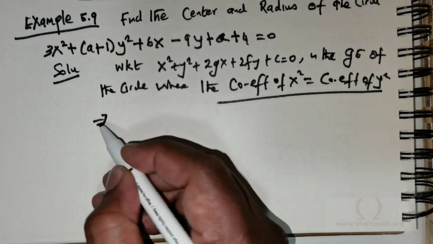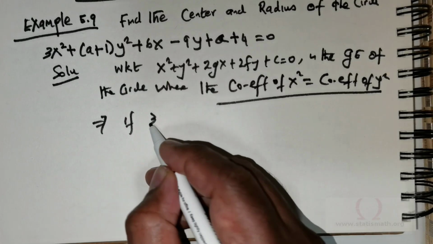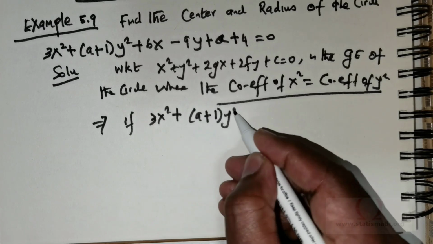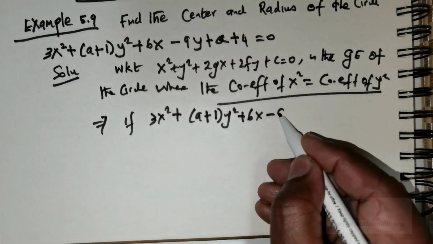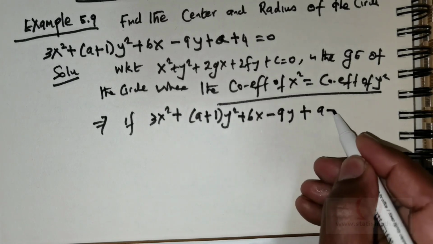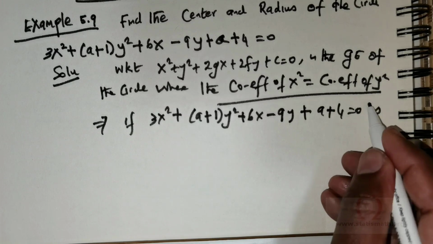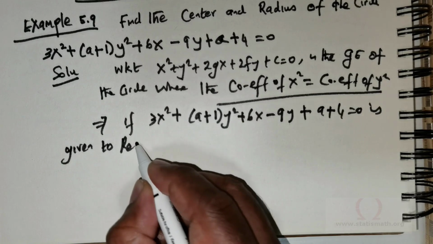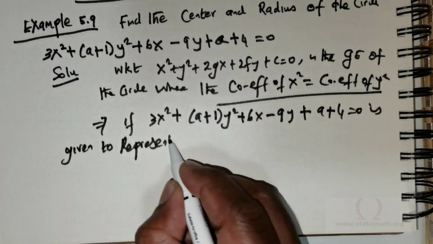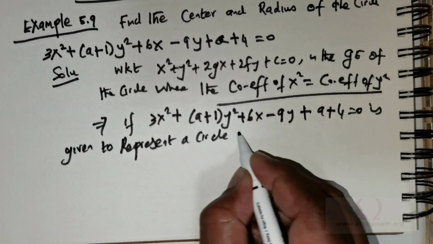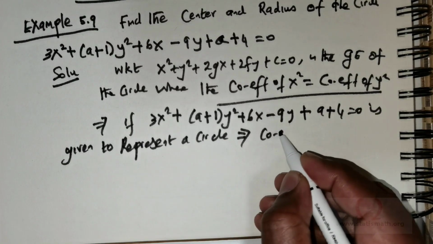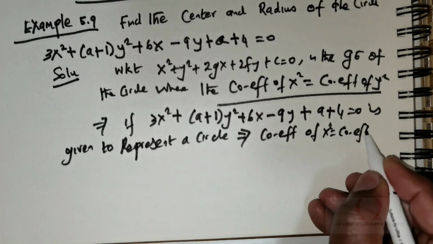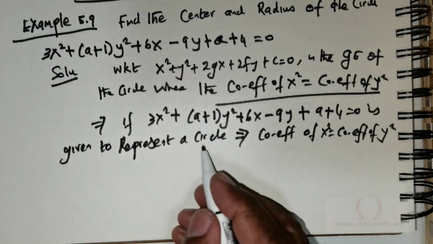So this would mean if 3x² + (a + 1)y² + 6x − 9y + a + 4 = 0 is given to represent a circle, that would mean the coefficient of x² should be equal to the coefficient of y², right?